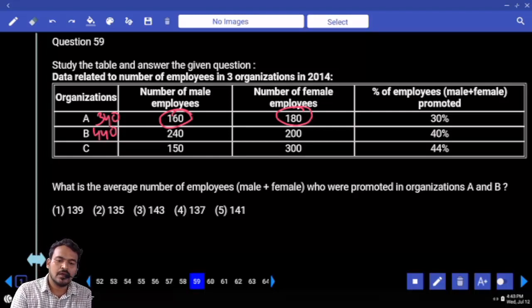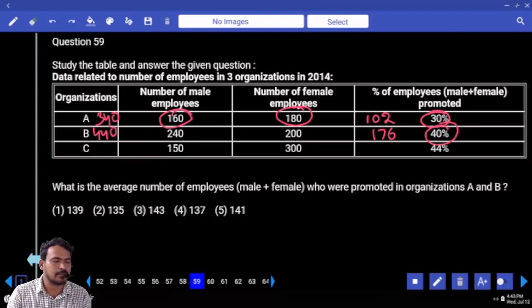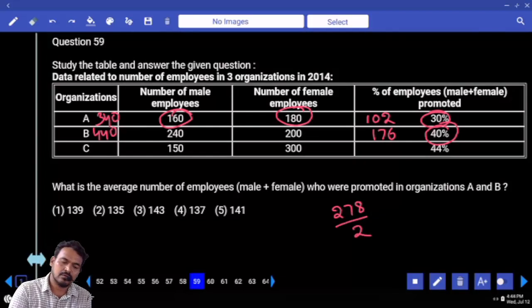Out of 340, 30% are promoted. What is 30% of 340? 102. Next, what is 40% of 440? 176. These two we add. Total is 278, divided by 2. What is the answer? 139.